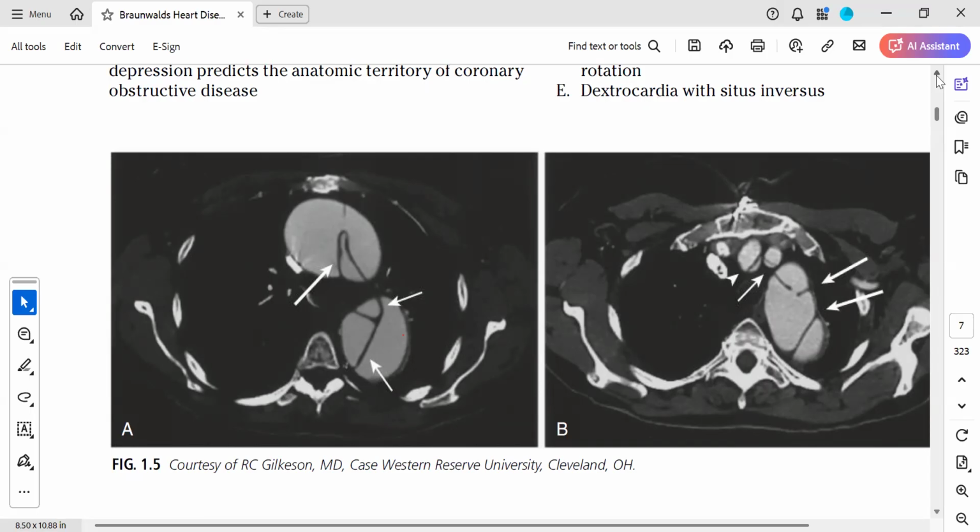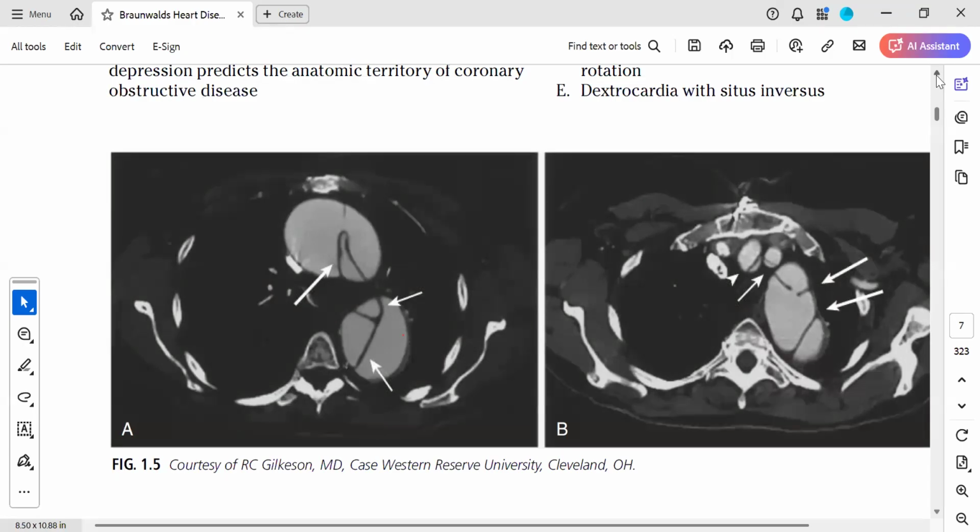Those are the indications for surgery in type B. Usually, if there are no complications in type B, you do medical management to control the heart rate and the blood pressure, while you follow them up with echo serially to look for any signs that will indicate a need for surgery.